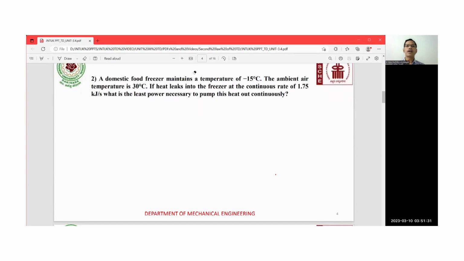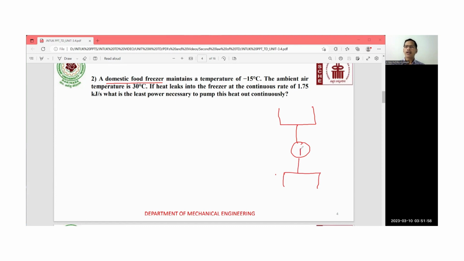The problem is given on a domestic food freezer. Here also you need to draw a refrigerator, which is going to operate between the source and the sink.